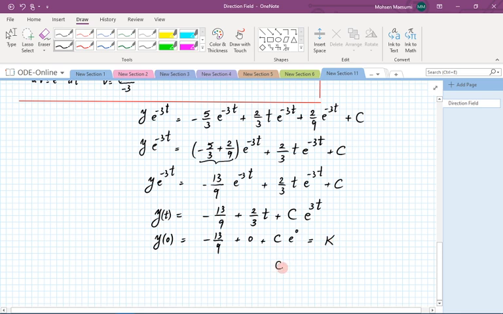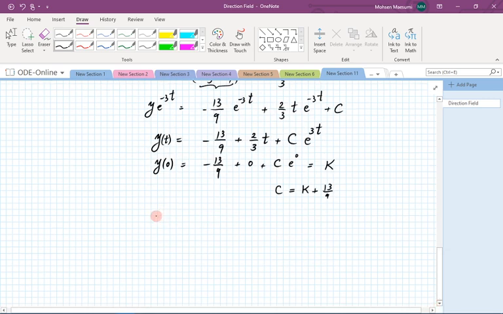So that tells me that c is k plus 13/9. So our final solution then is the following. y of t is equal to minus 13/9 plus 2/3 of t plus k plus 13/9 of exponential of 3t. That is the solution.